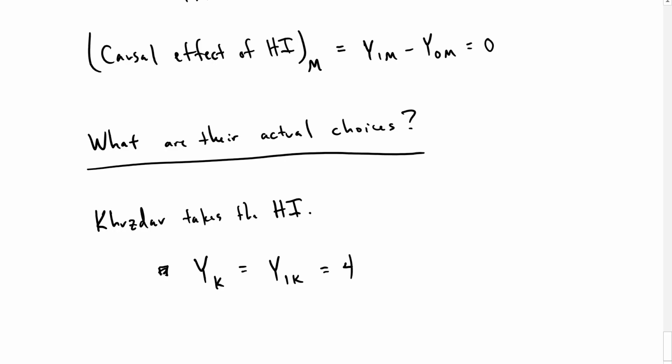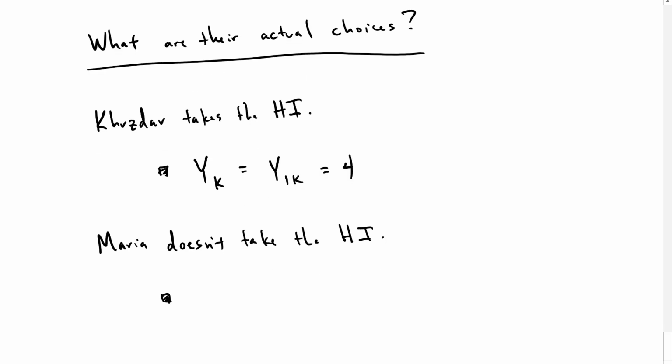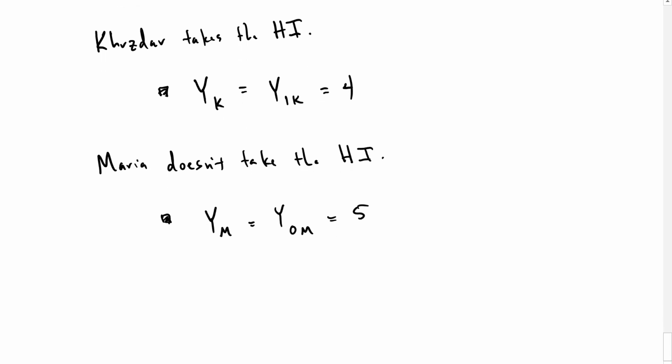So his outcome is 4. Maria, if she has the choice, doesn't take the health insurance. So what we observe for Maria's health is what we observe without health insurance, and that's 5.